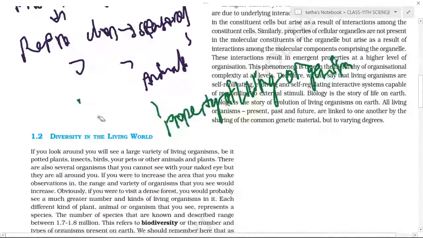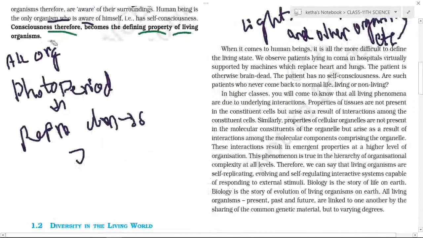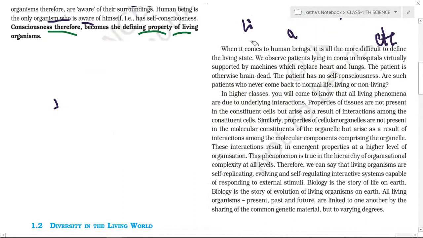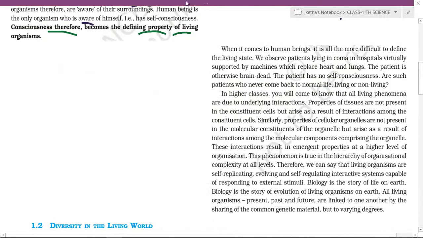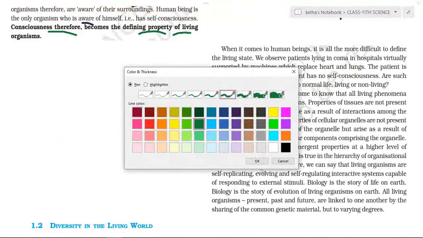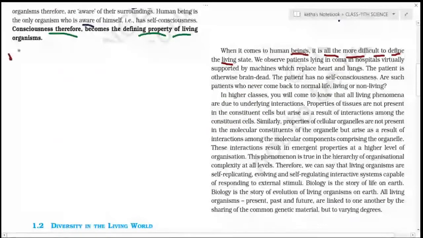When it comes to human beings, it is all the more difficult to define the living state.